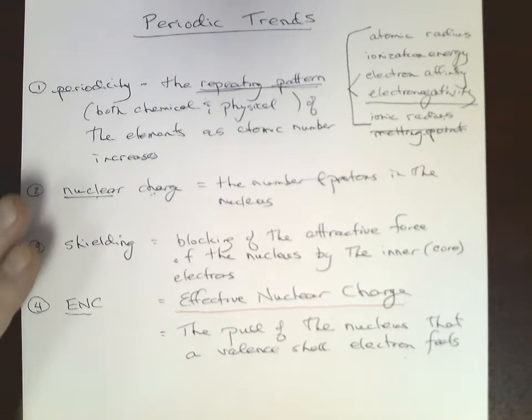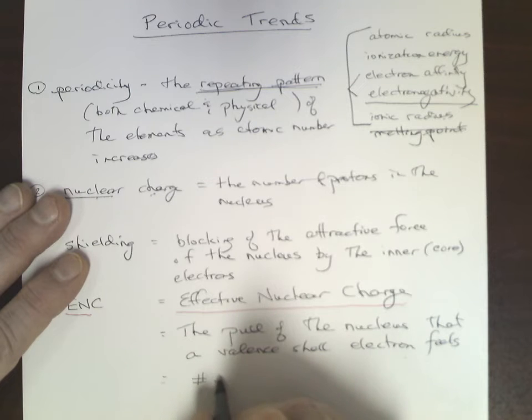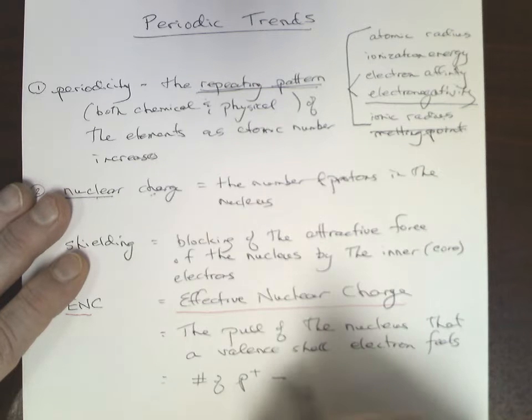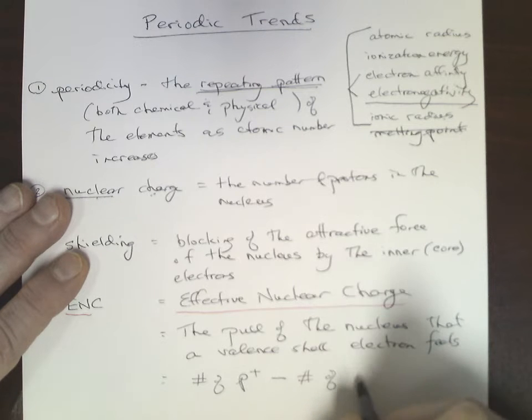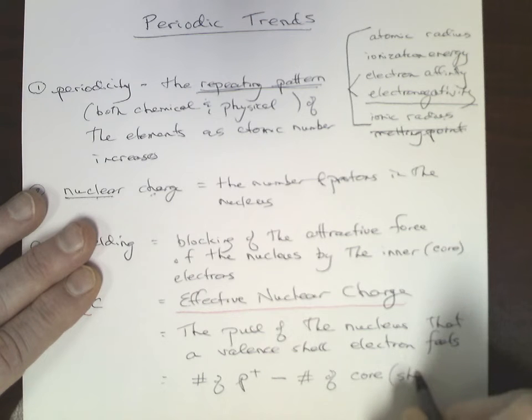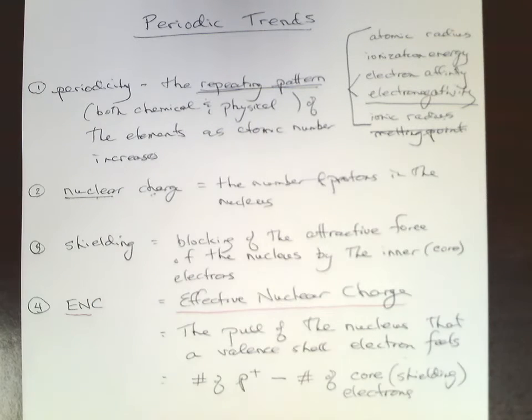And it's actually a calculation, and it's really simple to do. It's the number of protons in the nucleus minus the number of core or shielding electrons. Really, really simple. So protons in the nucleus, you just look it up for an atom, and how many core electrons. And we kind of got that.